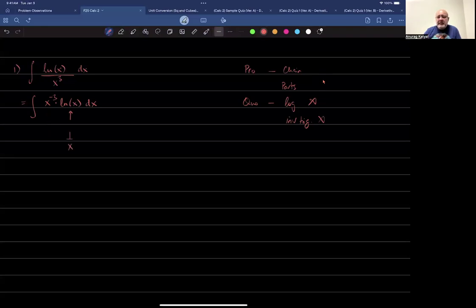I don't see that either. So chain rule or reversing chain rule is not an option. Then we say parts. Okay, parts means we have to think of LIATE. Log should be the first thing that is set equal to u. So let me try. I have no idea whether parts is going to work here or not, but let's try parts. So we say we let u equal to ln x.